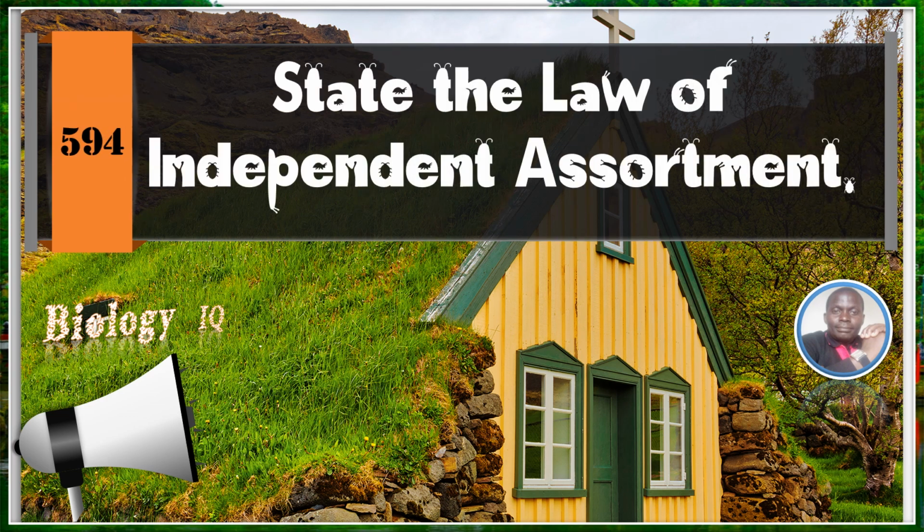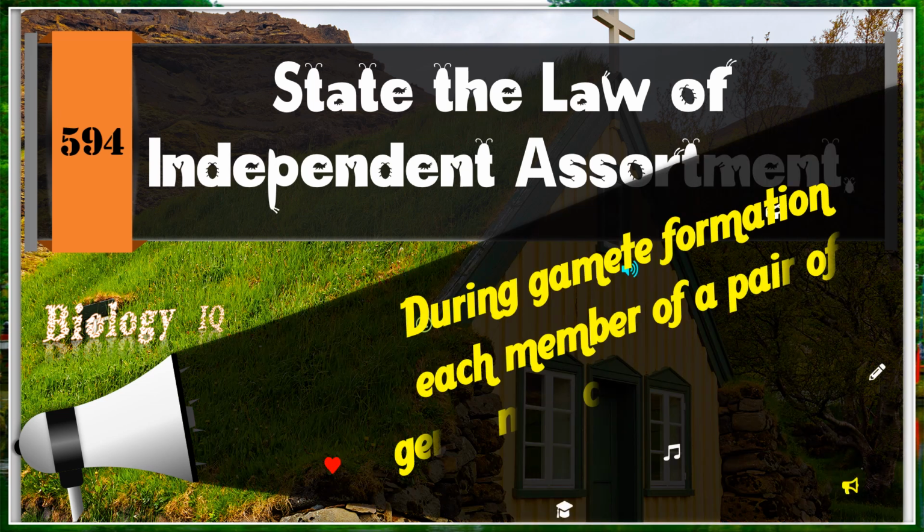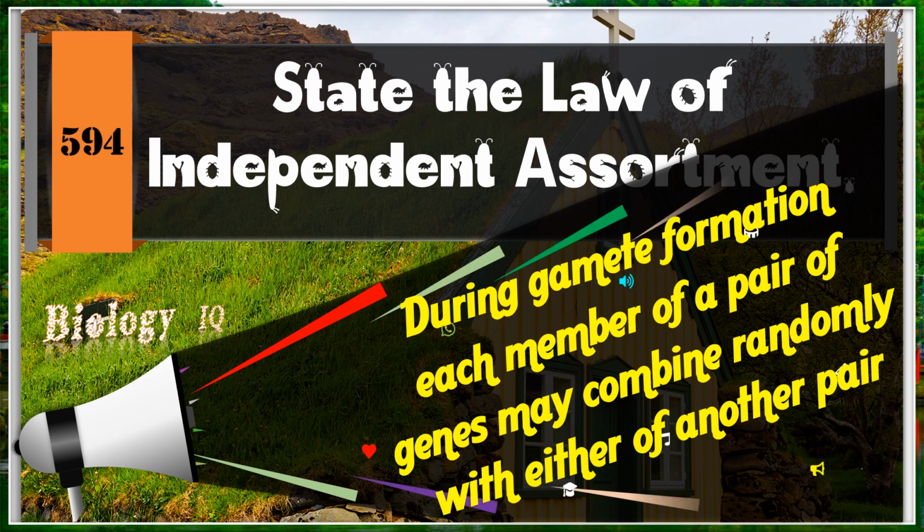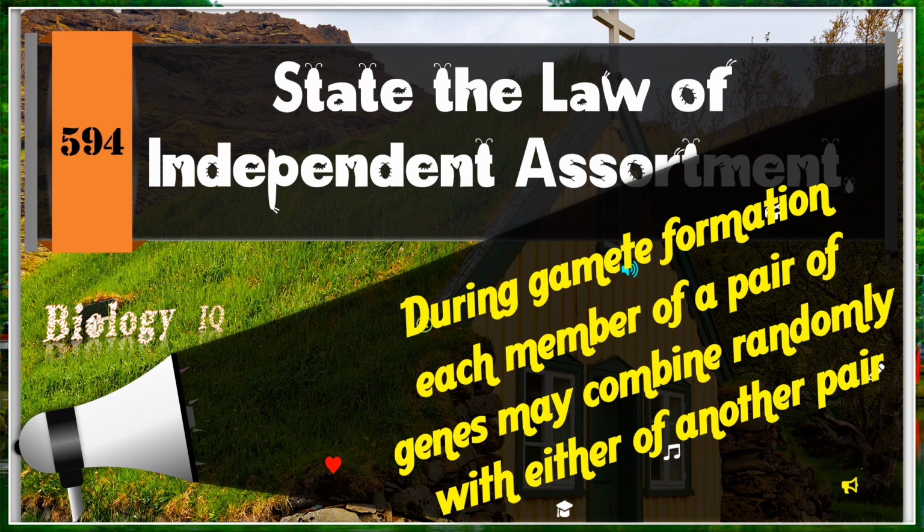State the law of independent assortment. During gamete formation, each member of a pair of genes may combine randomly with either of another pair.